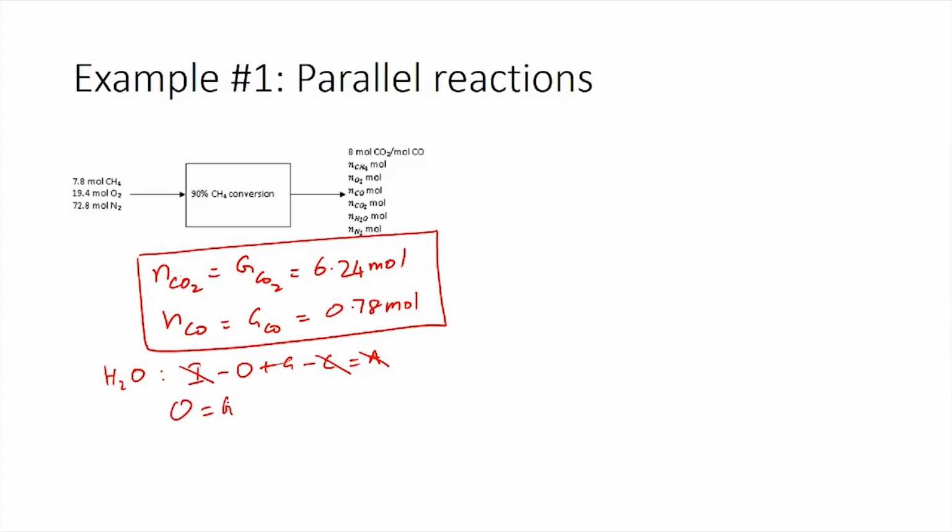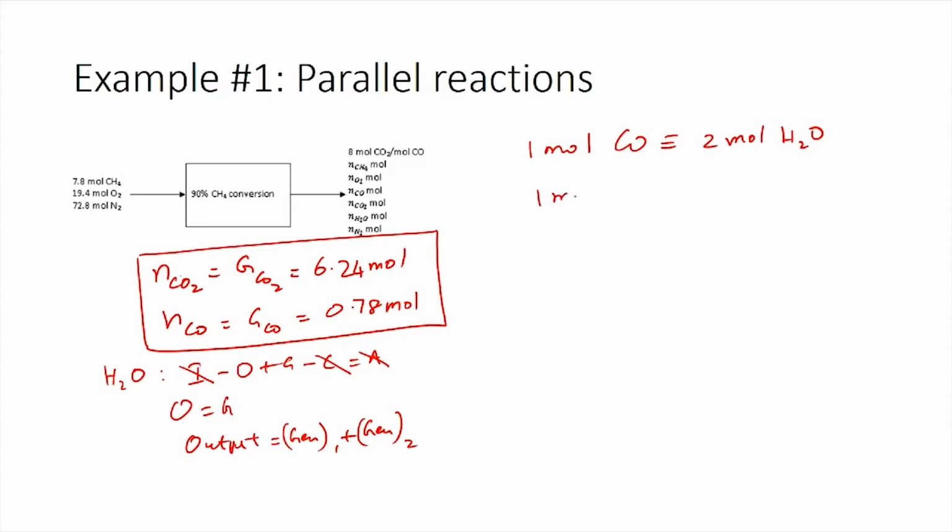However, in this case water is generated by both the reactions. So your total output would be equal to generation from reaction 1 plus generation from reaction 2. So how do we calculate the generations for each of these reactions? From the stoichiometry, we know that for every mole of CO generated in reaction 1, 2 moles of water is generated.